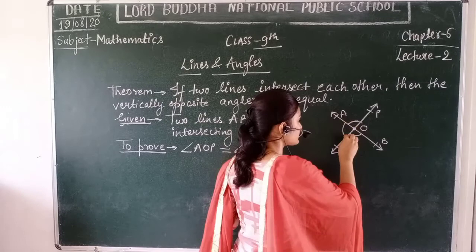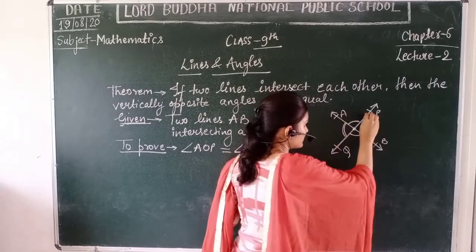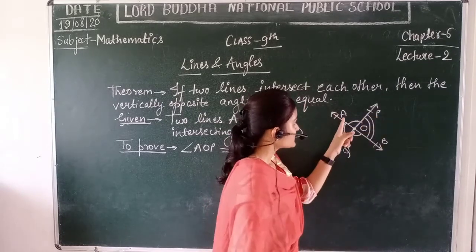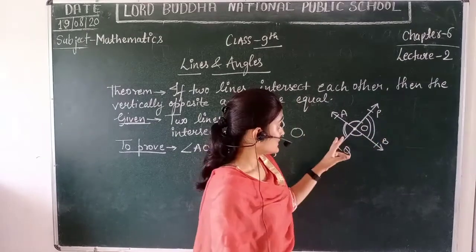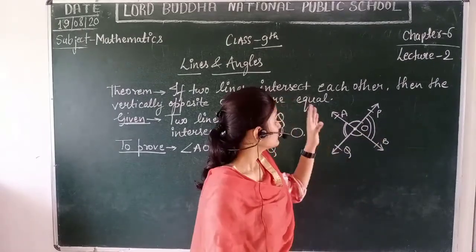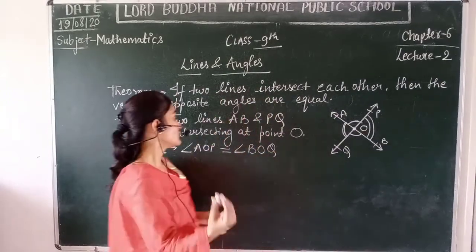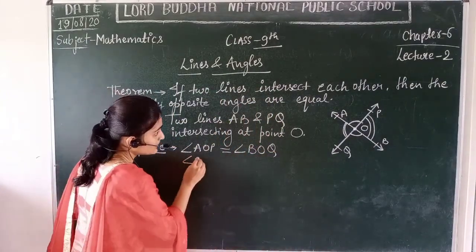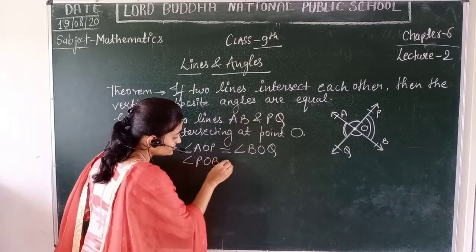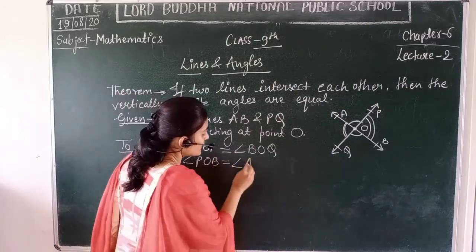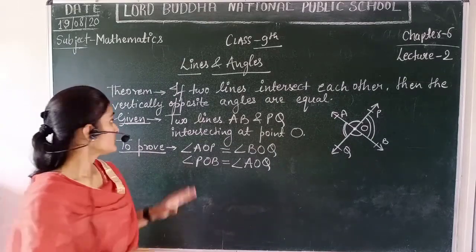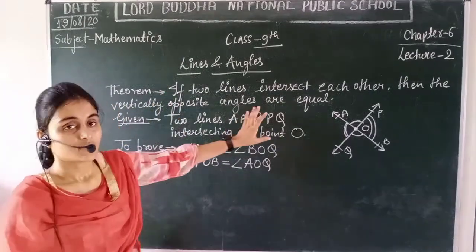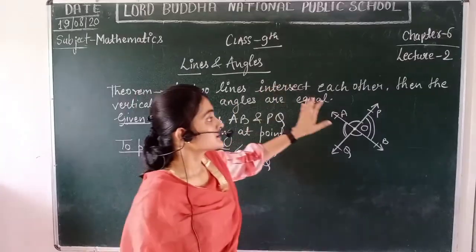What is it? This one and the second one is this. What are their names? AOQ and POB. These two also form vertically opposite angles. So we have to prove that angle POB is equal to angle AOQ, right?